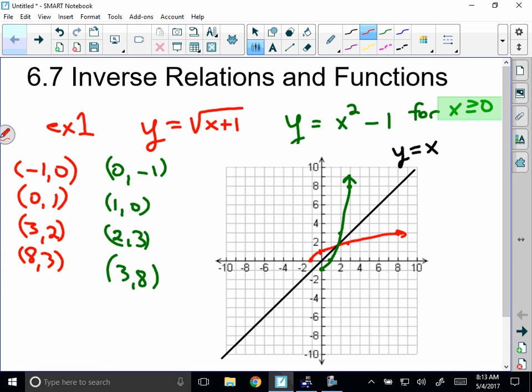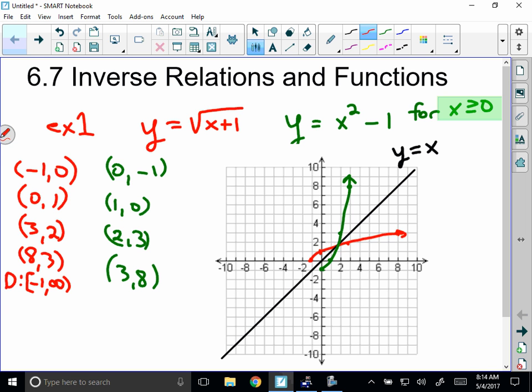So if we look at the red function, its domain goes from what to what? What's the domain of that red function? Thank you. Negative 1 to infinity, and negative 1 is actually included.